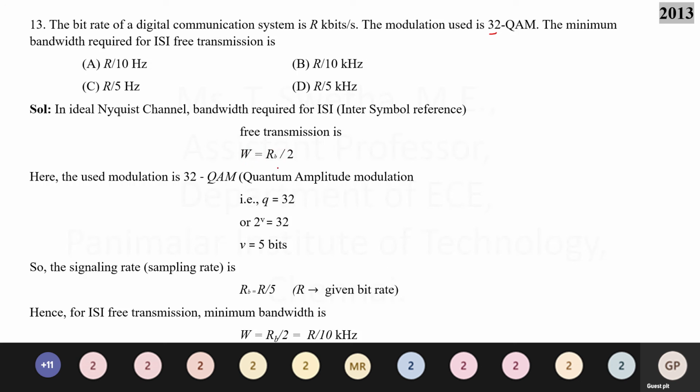Okay, so for 32 means you can take Q is equal to 32, so 2 power V is equal to 32. Q formula is 2 power V. So out of this we can calculate V is equal to 5 bits. So from this RB can be calculated by dividing R by 5. Okay, so we can substitute this value. As you can see, RB by 2, so R by 10 kilohertz, that you will get. So option B will be the correct answer.